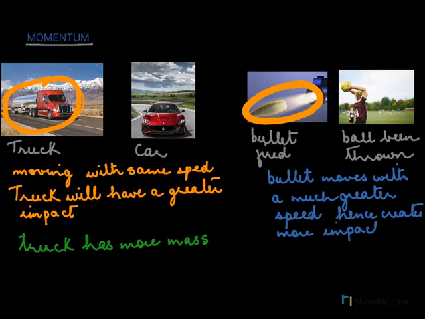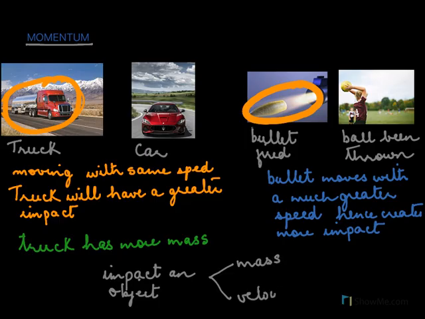Although, remember, the ball has more mass, it's the bullet that is creating more impact because it has more speed. Thus, we see the impact created by an object depends on two factors: the mass of the object and the velocity of the object.